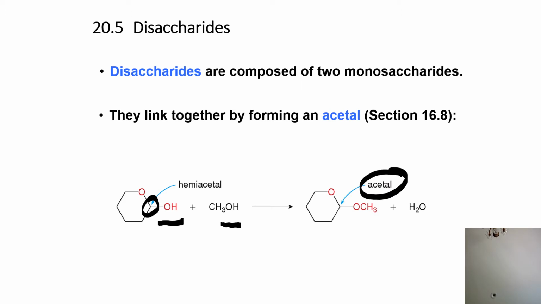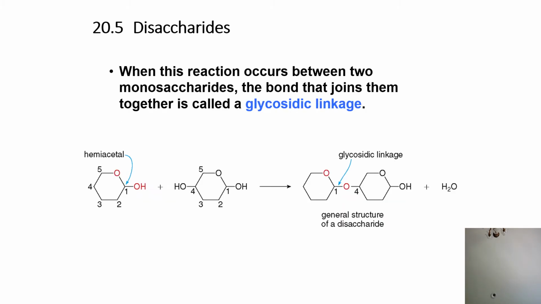Okay, so we've added the methyl group, and we have this linkage now, plus water as a result of that. So we're going to lose two hydrogens and a oxygen to form a water molecule. So when the reaction occurs between two monosaccharides, the bond that forms is called a glycosidic linkage.